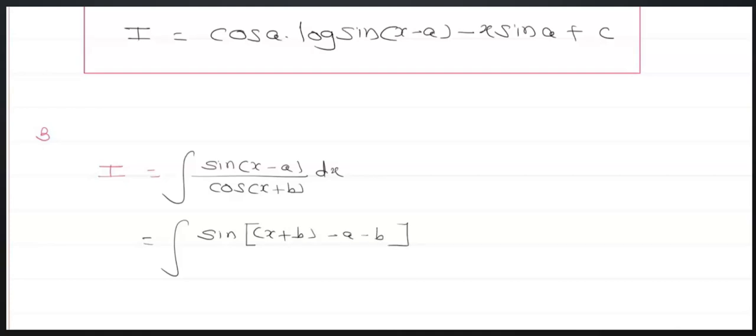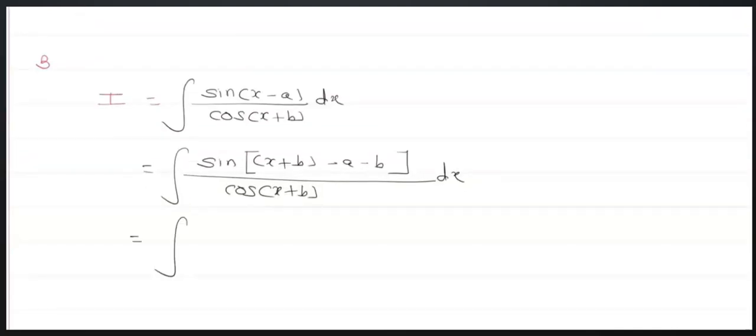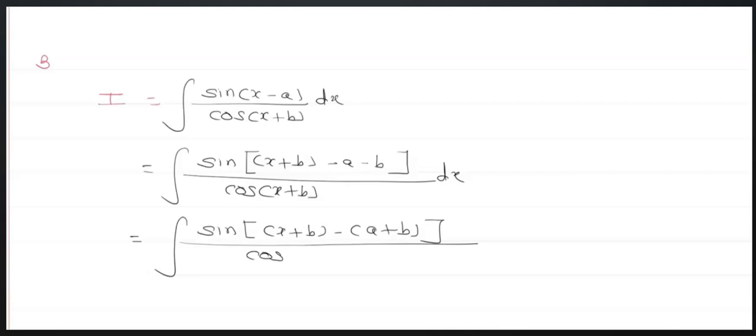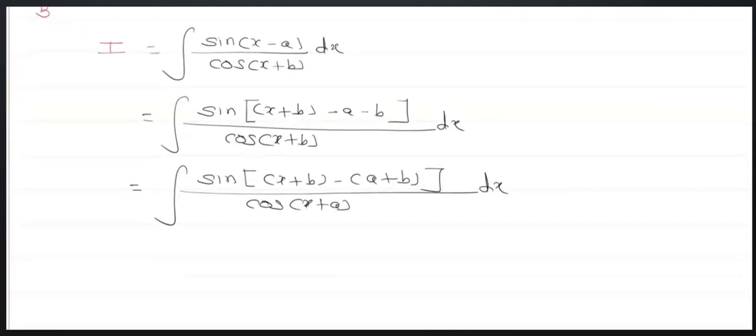plus b minus a minus b cos of x plus b dx. Now here is a sin of x plus b minus in bracket a plus b bracket complete upon cos of x plus b. Sorry, here by mistake it is the, I think this a, there must be the b.